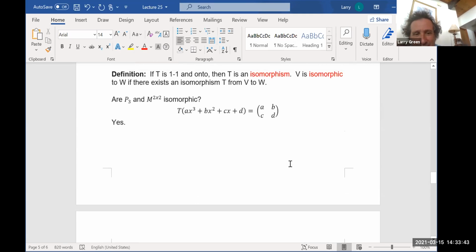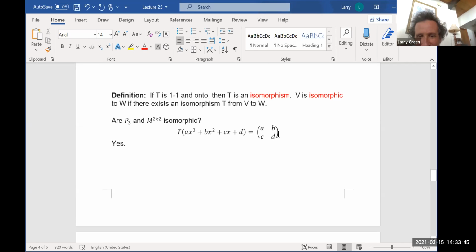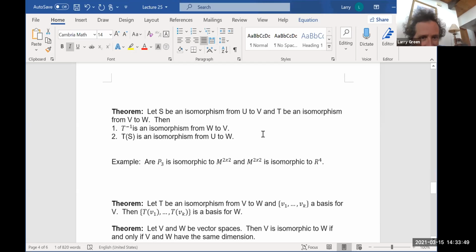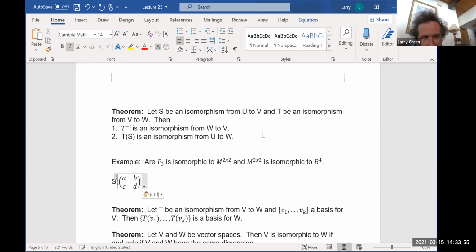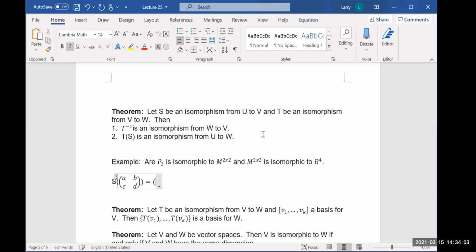I don't hear you jumping in, so maybe I'll do it. So let's say S of the matrix A, B, C, D is equal to what? A vector in R4.